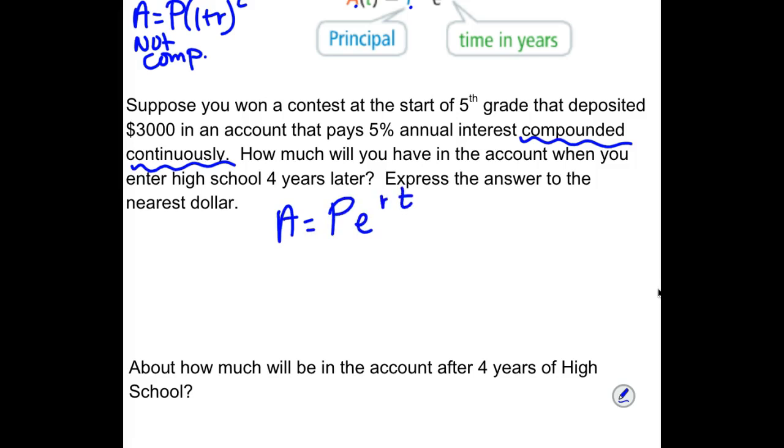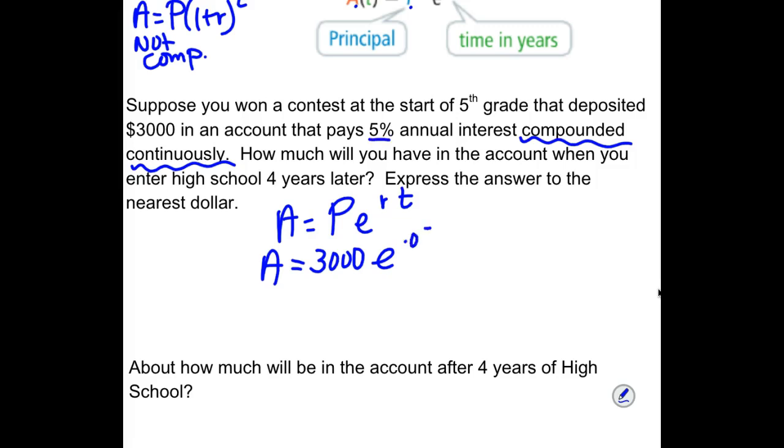So A equals P times e to the rt power. Our final amount is what we're trying to figure out. What is the principal or starting amount? 3,000. We have e already built into the formula, and our power now is our rate times time. What is the rate they gave us?